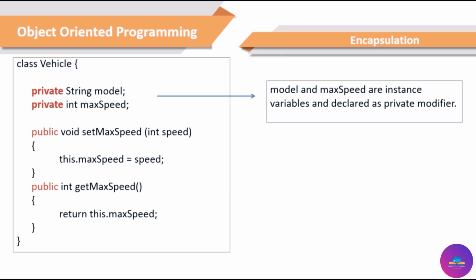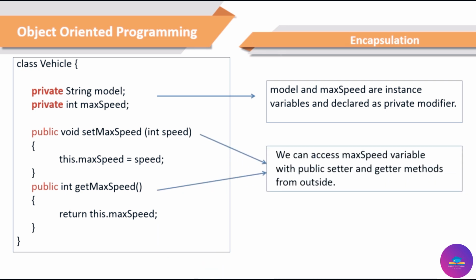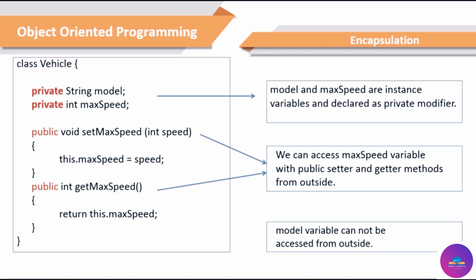That makes sense. Now, we define the public setter and getter methods of the maxSpeed variable, so it can be accessed from outside the class. But we have no public setter and getter methods of the model variable, so it can't be accessed from outside the class.